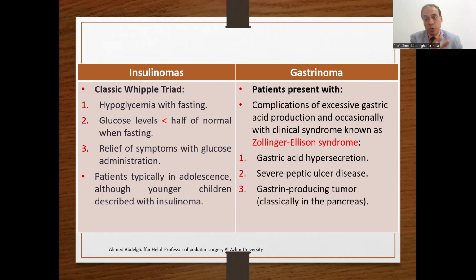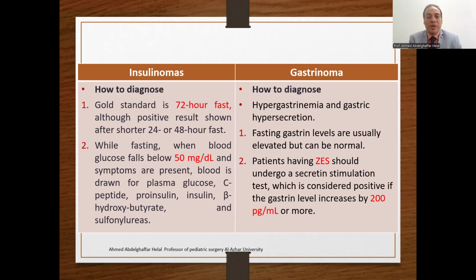Insulinoma is diagnosed with the classic Whipple triad: hypoglycemia with fasting, glucose level less than half of normal when fasting, and relief of symptoms with glucose. Patients typically present in adolescence, however younger patients may present. Gastrinoma, on the other hand, presents with Zollinger-Ellison syndrome: gastric acid hypersecretion, severe peptic ulcer, and a gastrin-producing tumor.